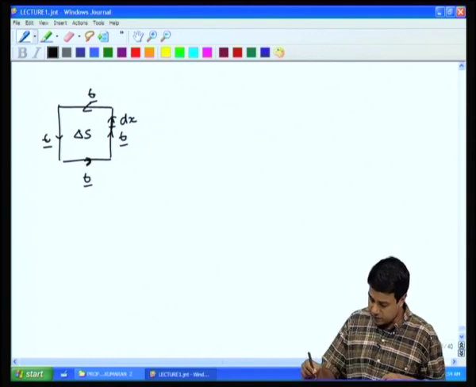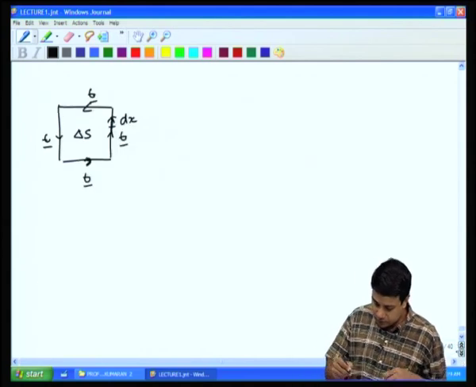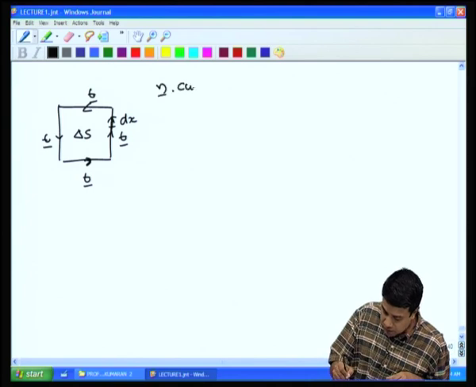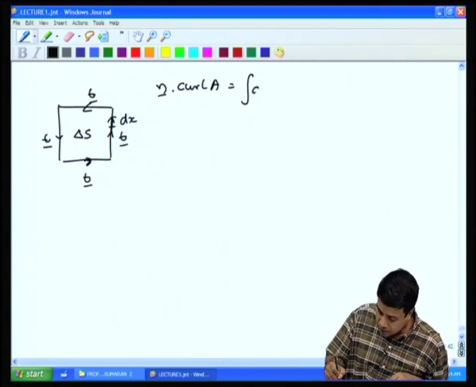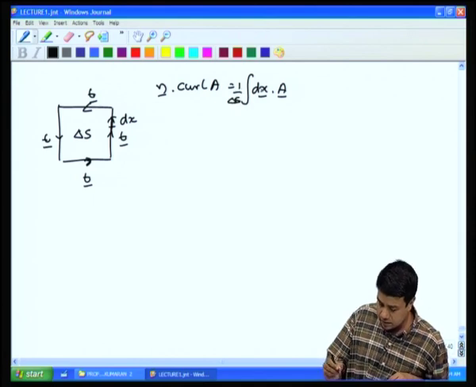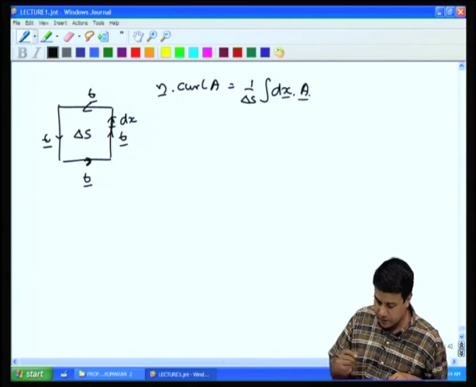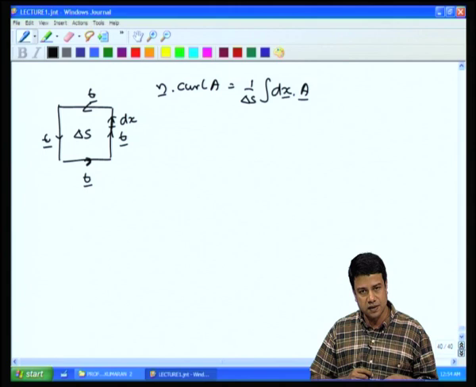So, therefore, from my previous lecture, from my previous page, I have n dot curl A is equal to 1 over delta s integral dx vector dot A. This is true only for this small little patch delta s.